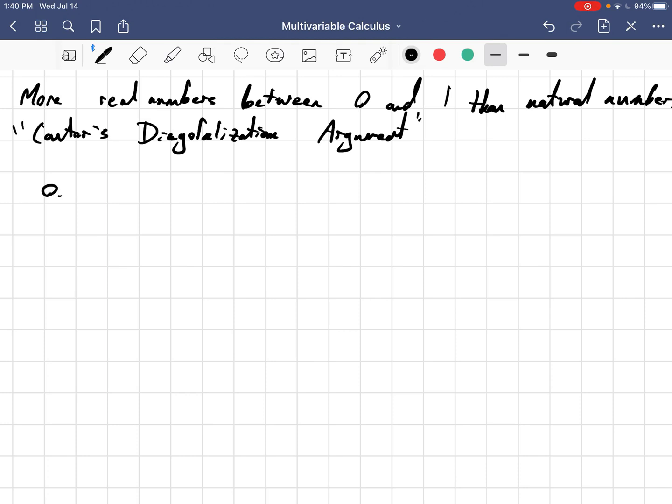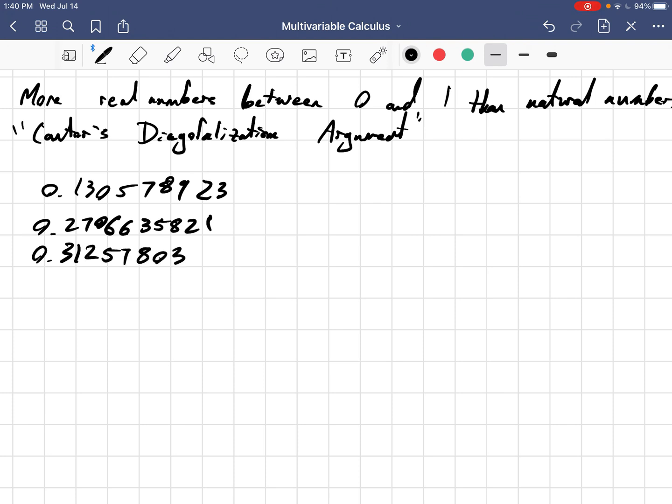So 0, let's come up with just some random decimals here. 0.130578923, 0.27066358821, 0.312578037, 0.4669999382 and so on. Suppose that list contains every possible real number.